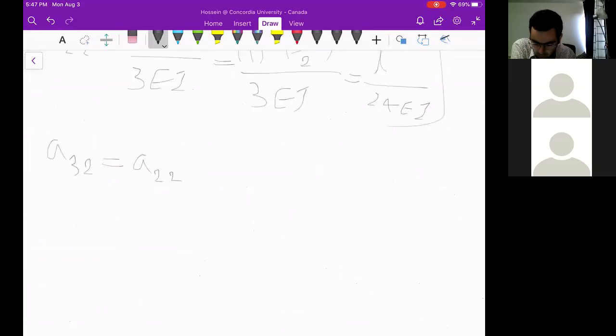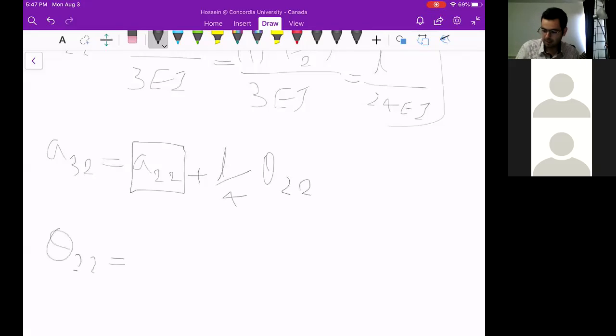A32 therefore is equal to A22 plus L over 4 multiplied by theta 22. A22 is already obtained. However, theta 22 should be obtained as PL squared over 2EI.